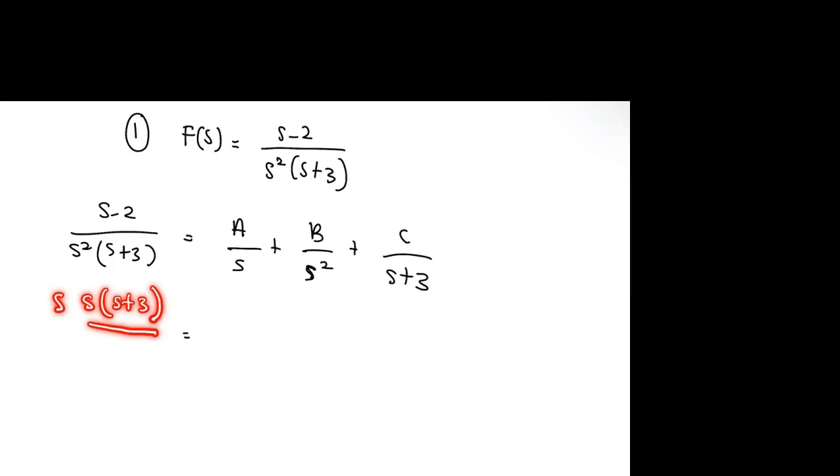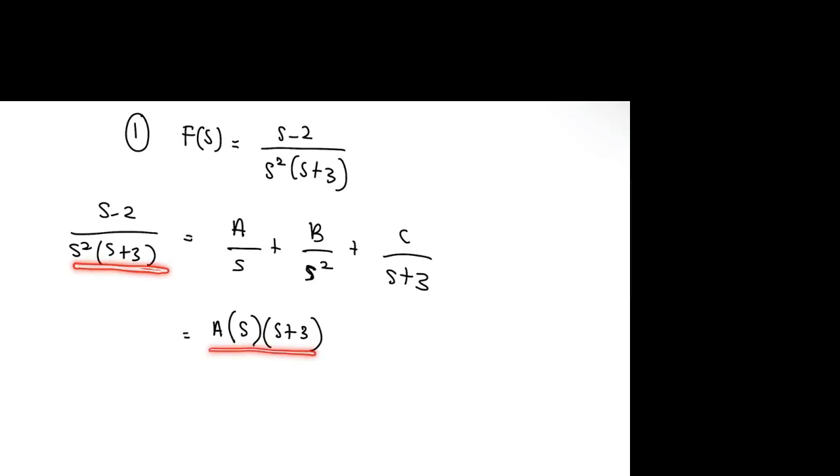If we multiply this one, you will get this one. So that means A multiplies s plus 3. So you need to multiply s and s plus 3, and after you multiply, you will get the same as this one.